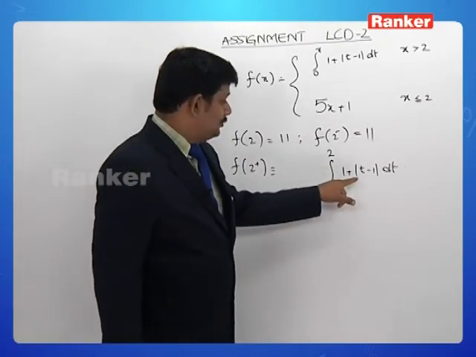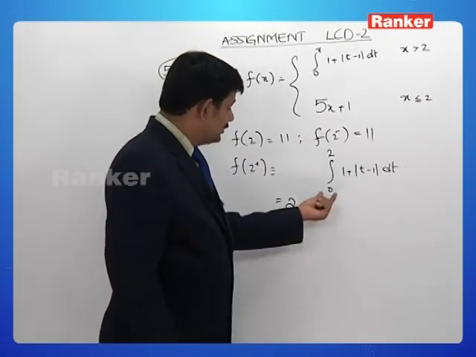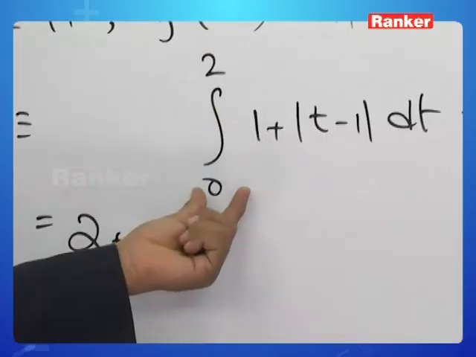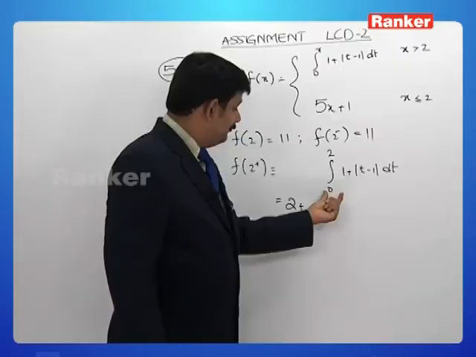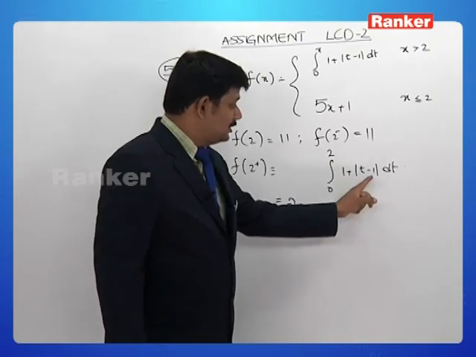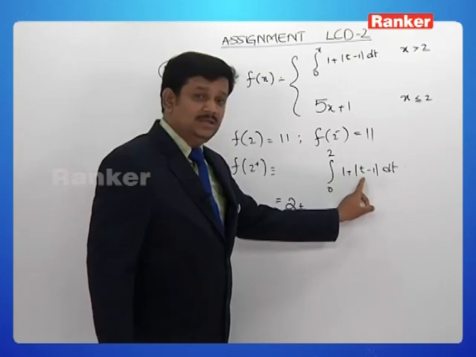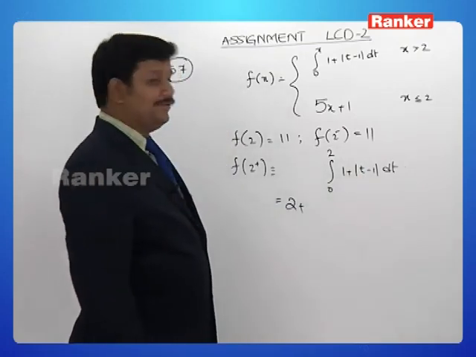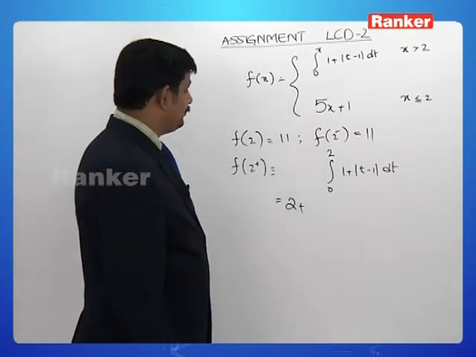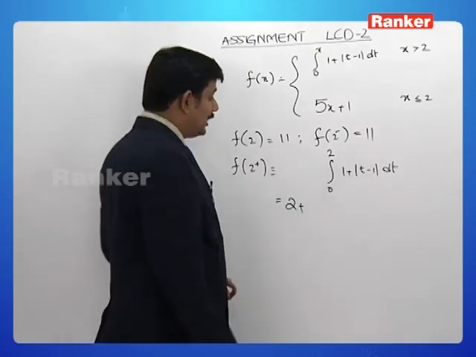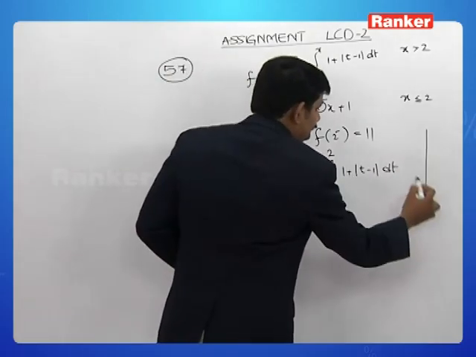Integral 0 to 2 of mod t minus 1: we can split the integral from 0 to 1. Whenever t lies between 0 and 1, mod t minus 1 is 1 minus t, and from 1 to 2, mod t minus 1 would be t minus 1. We can piecewise evaluate the integral, or draw the graph of mod t minus 1.